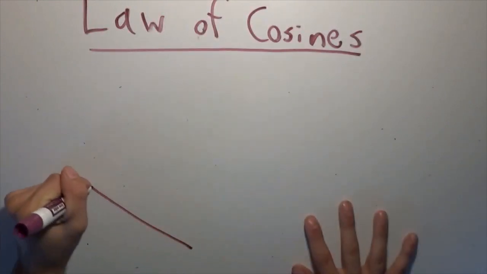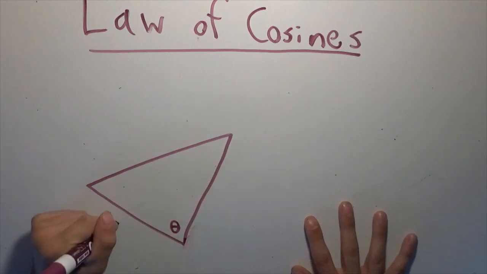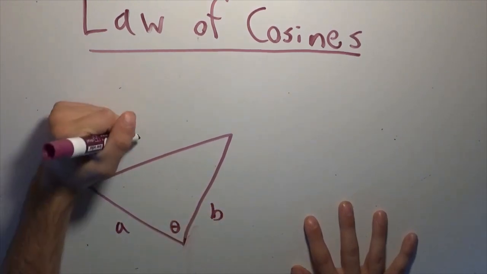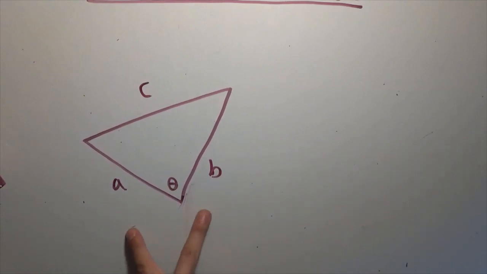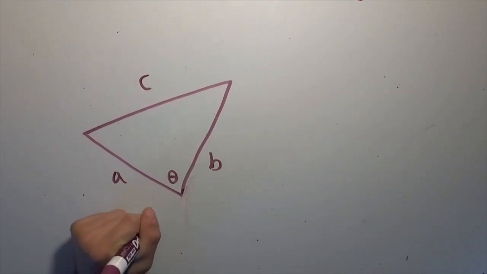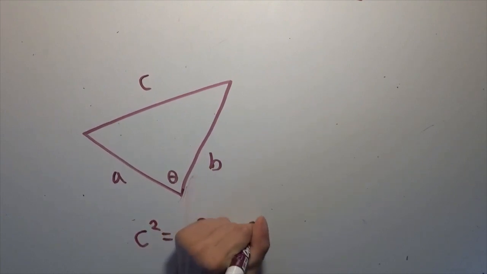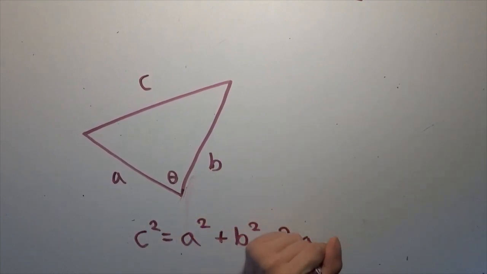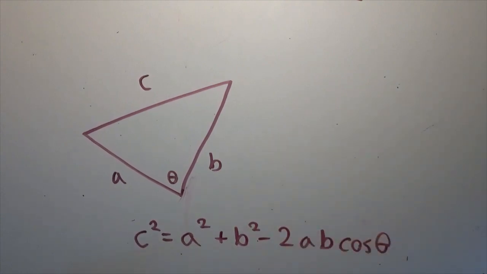So imagine I have some triangle where this is some angle theta, here's A, here's B, and here is C. So we have a triangle with two sides A and B, the angle between them theta, and C the opposite. Then it is true that C squared equals A squared plus B squared minus 2 times A times B times the cosine of theta.